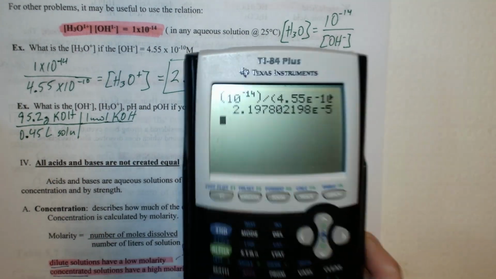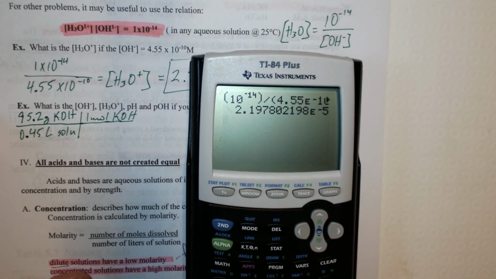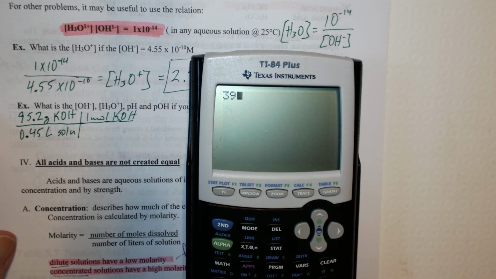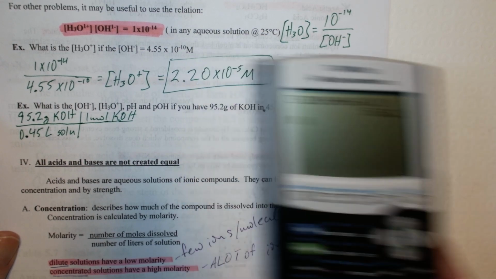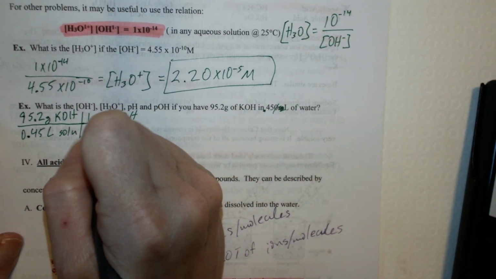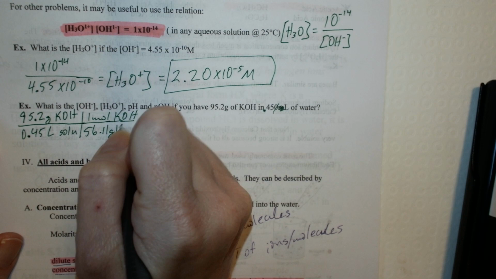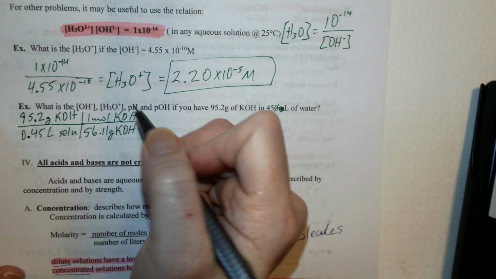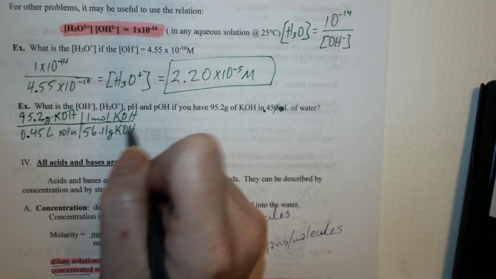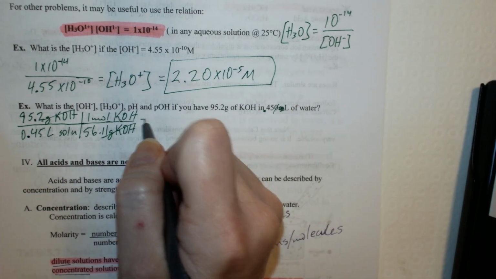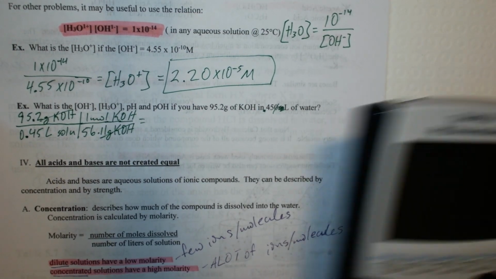Okay. Well, potassium is 39.10 plus 16 plus 1.01, 56.11 grams. So then grams of KOH will cancel. You're left with moles over liter, which is molarity.